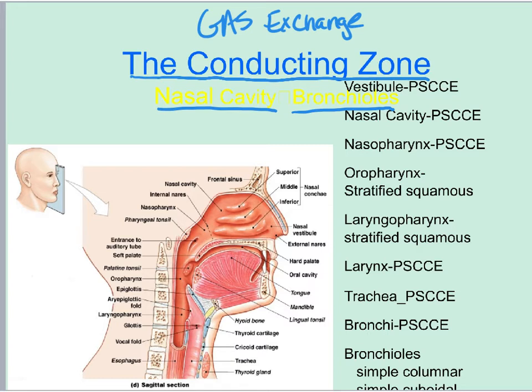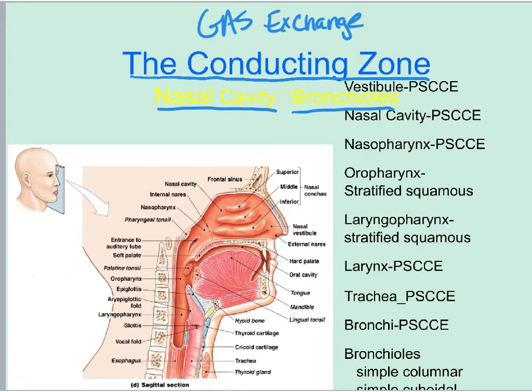They're assisting in bringing air down to where gas exchange would occur, or moving air up out of the respiratory tract and out through your mouth and into the ambient environment. Like all body tubes that you've learned about so far, and you've heard me mention this over and over, if you leave anatomy with one piece of information, know that all body tubes are lined with some sort of epithelial tissue.